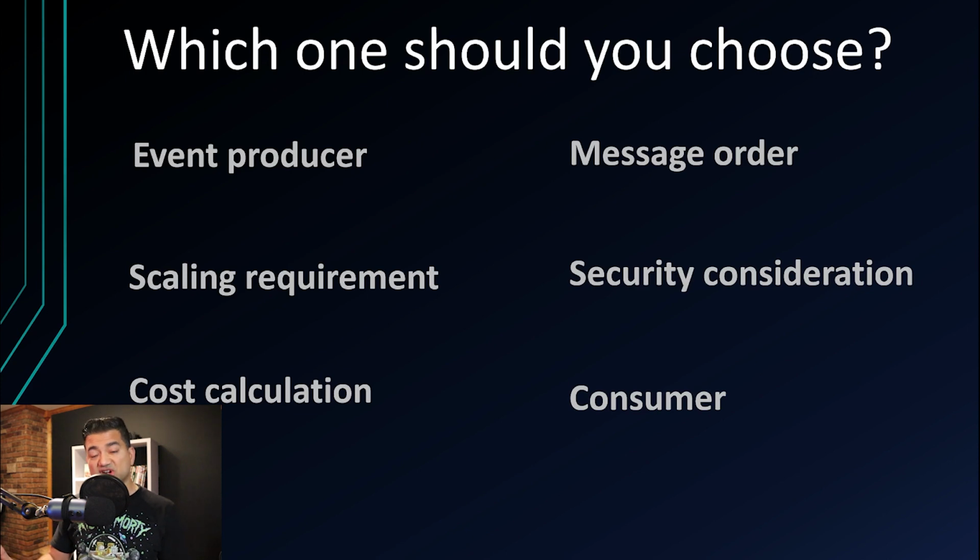If you want to keep message ordering, you have to add some kind of sequence or timestamp into the messages and handle it on the consumer side. It also depends on the scaling requirement. However, if your system is going to have different kinds of messages, you want to transform messages, you like the schema registry and you have a use for it, then EventBridge, of course, is a very powerful service. So consider all these factors and then decide.